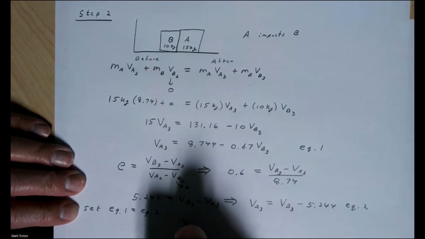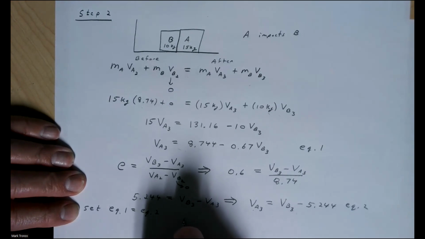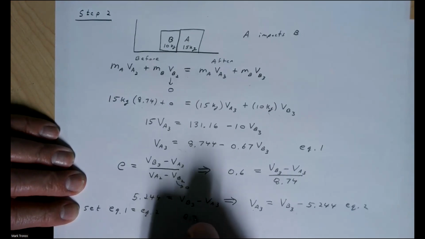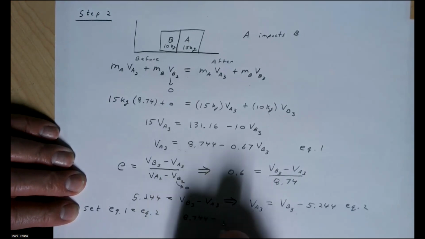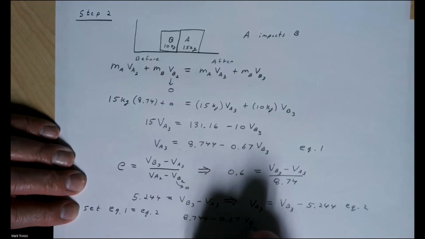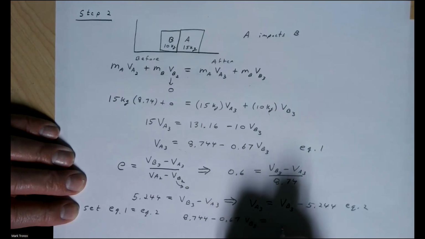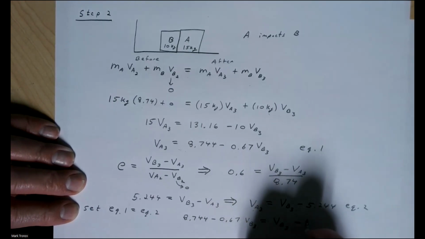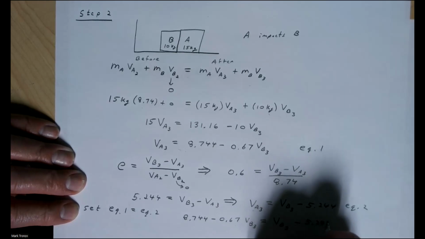So we can set these two equal to each other. And so that's going to give us 0.744, 0.67 VB3, VB3 minus 5.244.